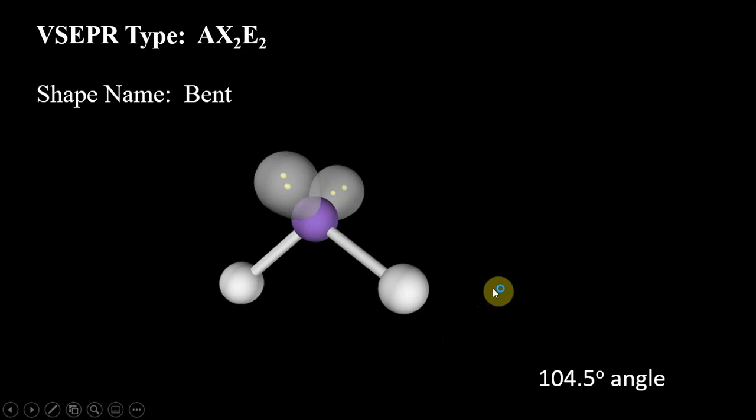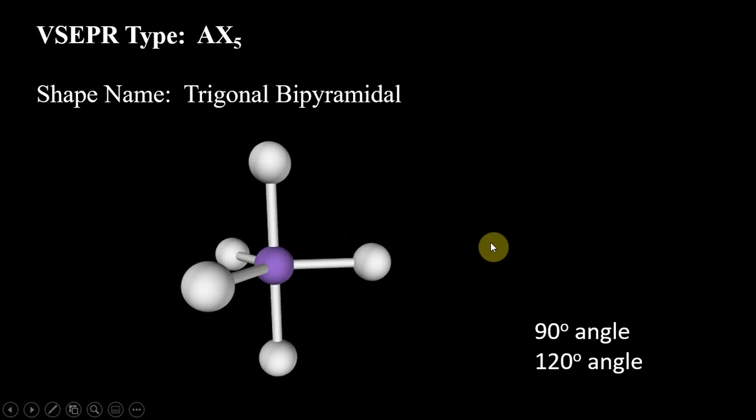After this one, we move to the AX5 family. Now we start extending things out. We call this a trigonal bipyramidal shape. And for some bizarre reason, the trigonal bipyramidal shape leaves the up and down as being stationary.